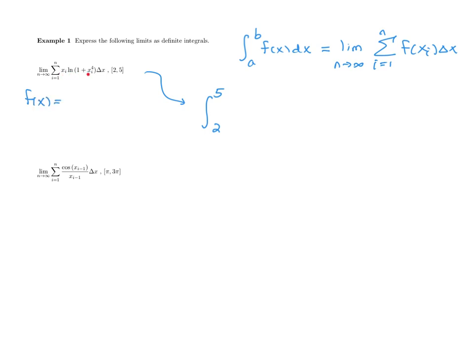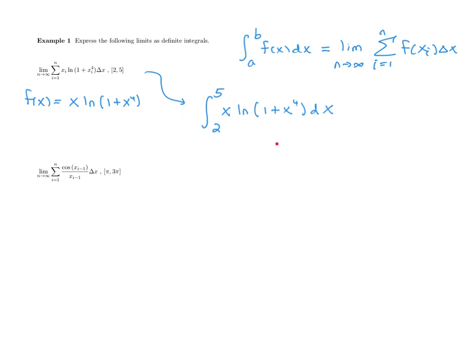Well, here we have x sub i and here we have x sub i. That's the placeholder for x, so we can write that as x times the natural log of 1 plus x to the 4th. So this is the function that we're integrating, f of x, and that can go right here. So I'll put x, the natural log of 1 plus x to the 4th, and then we multiply by dx.